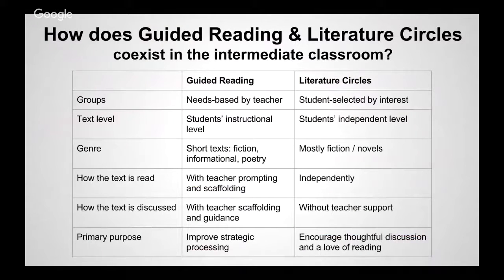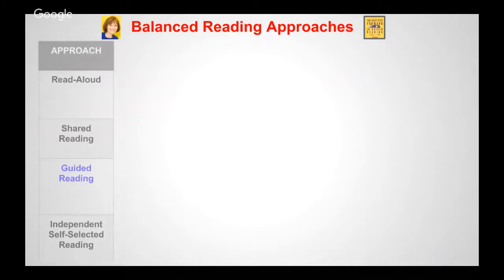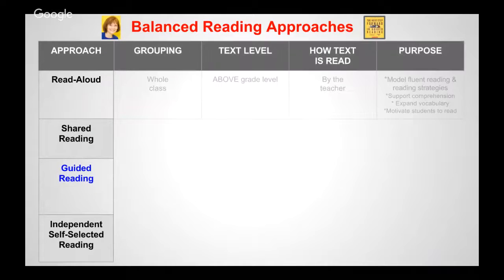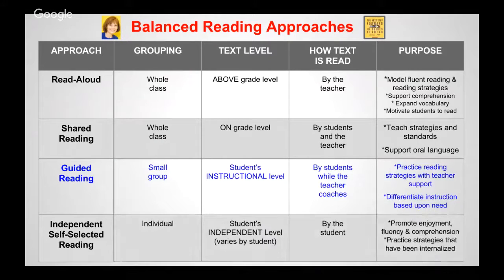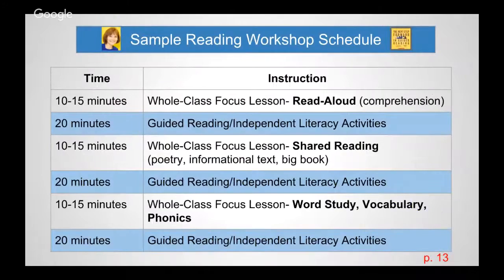So Jan gives us some charts that are helpful, and we'll include these as handouts when you come in. This one is on differentiating between what is guided reading and what is literature circles. She gives us an overview of the different settings and the different purposes in balancing our approaches in reading.